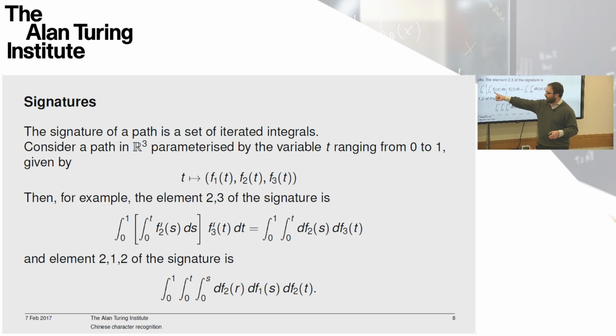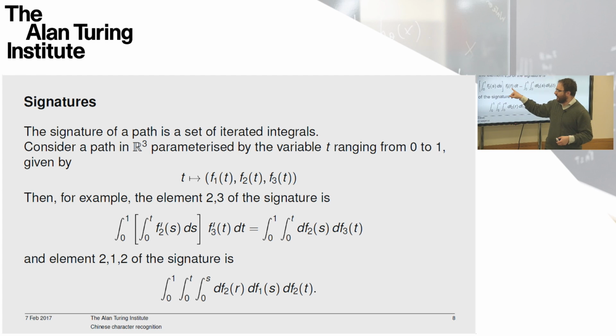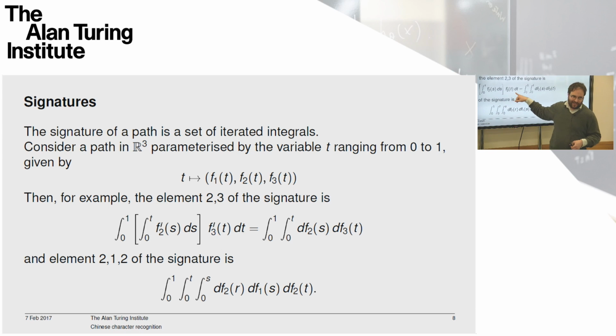So I integrate the derivative of f2 up to some index variable, and then I multiply it by the derivative of f3 of the same index variable and integrate that. So this inner one just evaluates to f2 of t. So you could think of this as f2 of t times f3 prime of t.